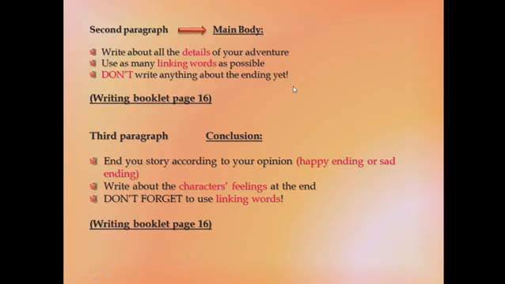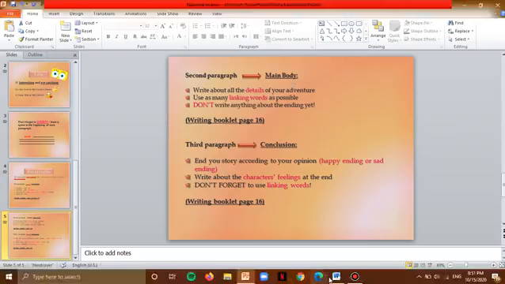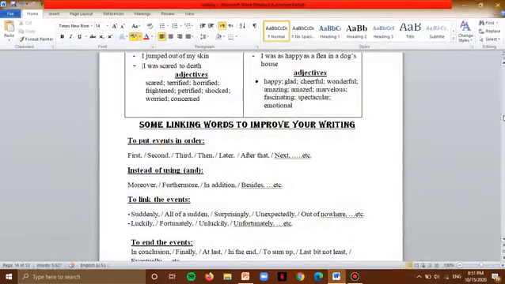So if we open the writing booklet, page 16, okay, we'll find here some linking words to improve your writing. So here I use those words to make my writing more organized, okay, especially in the body, especially in the middle. Fine.